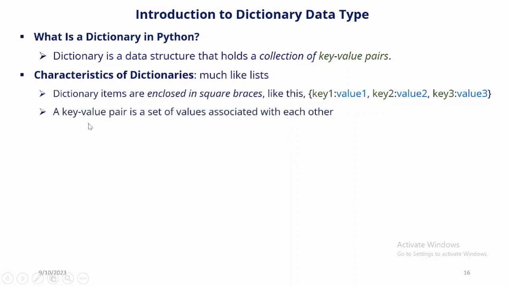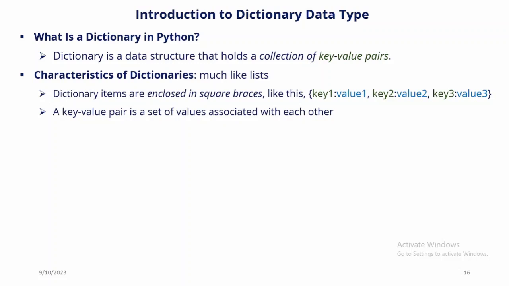So a key value pair is a set of values associated with each other. For instance, if I want to capture student data, there are some keys we can use. For instance, surname is a key, first name is a key, age is a key, height is a key. The values associated with them can be anything.